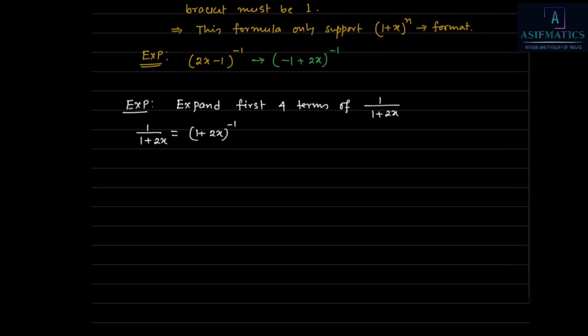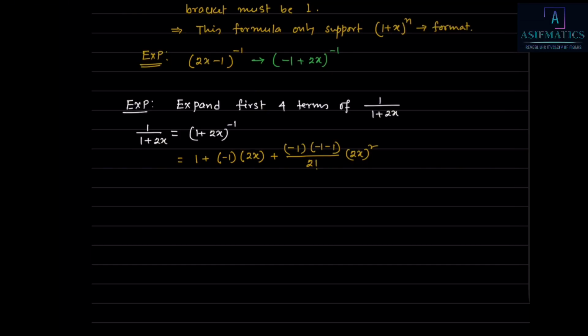If we apply the formula, the binomial expansion formula is 1 plus nx, and our n is minus 1. So we can write minus 1 into x, here x means 2x, plus n into n minus 1 divided by factorial 2 and 2x square.